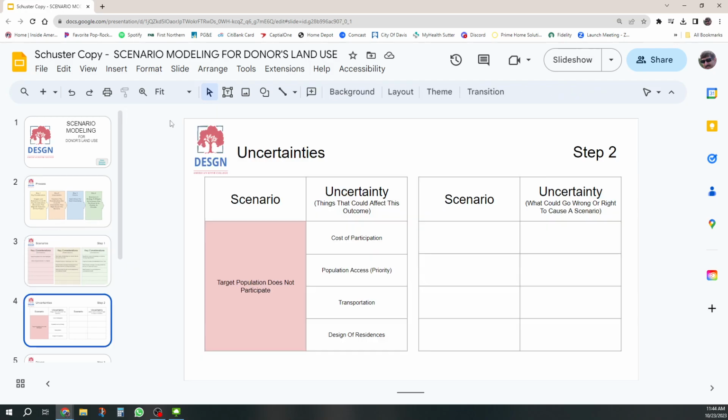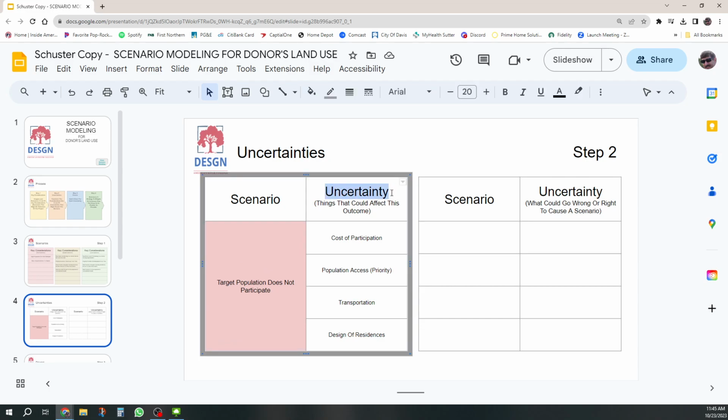So now let's come over here. Now I've taken that scenario and I've got some uncertainties that could affect it, that could make this come true. And one of those would be the cost of participation. I don't know what it's going to cost yet. Of course, we have maybe some control, maybe we don't, but maybe it could be that when we're all done, that cost of participation keeps our target population away.